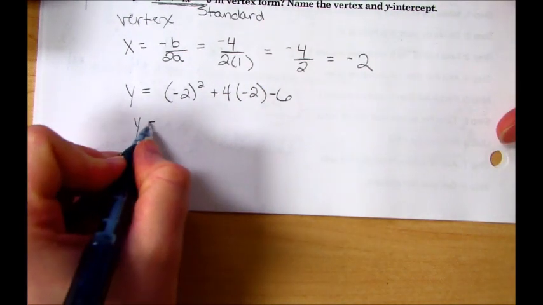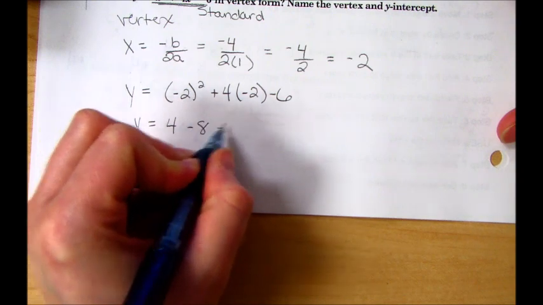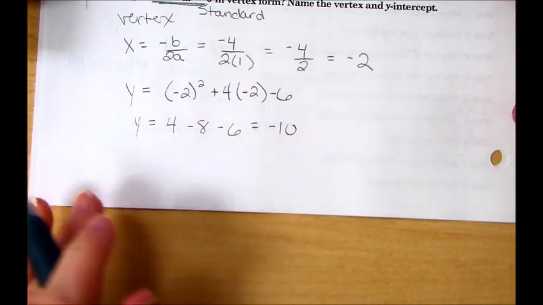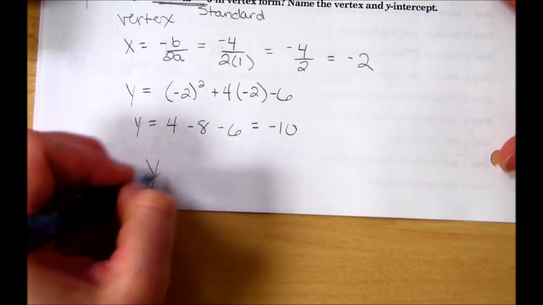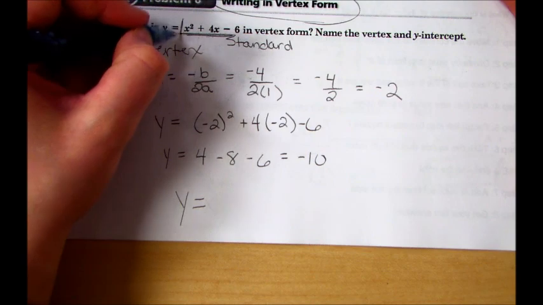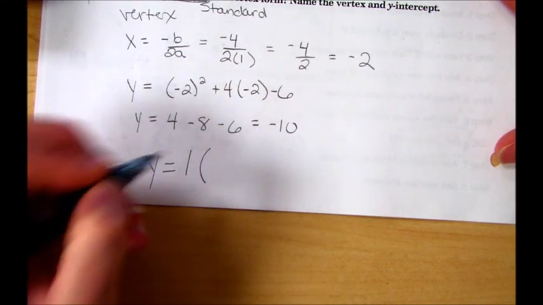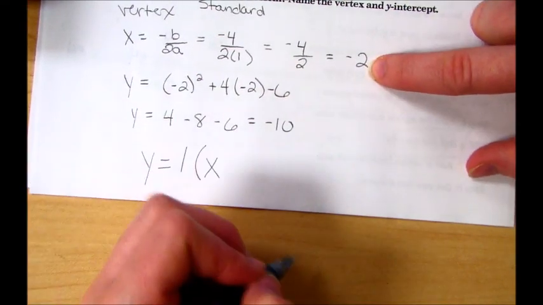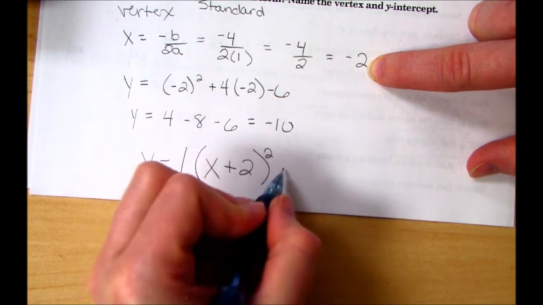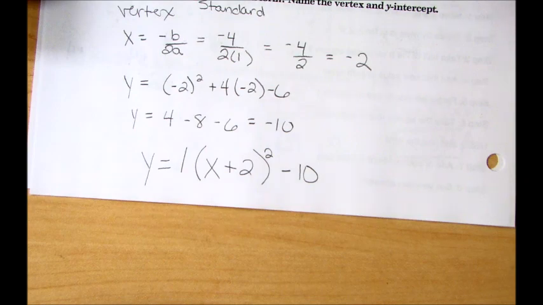So you get y equals 4 minus 8 minus 6. It's negative 4. It's negative 10. So to put this in vertex form, you write y equals, the a value was 1, parenthesis, x minus this number, so plus 2, and then plus that number, in this case minus that 10 in the back.